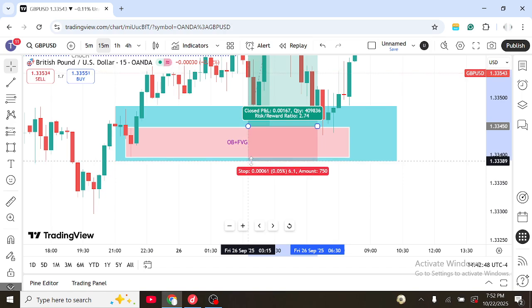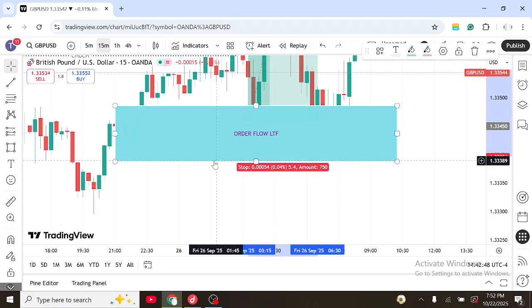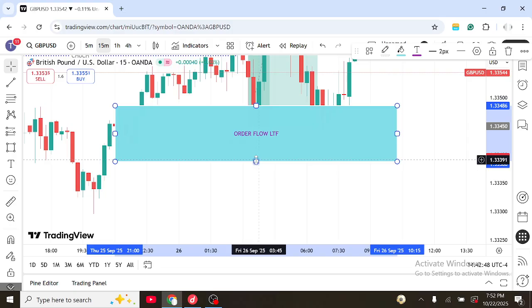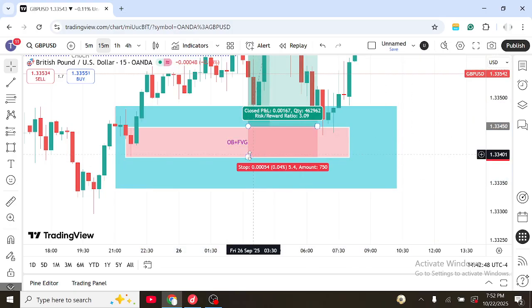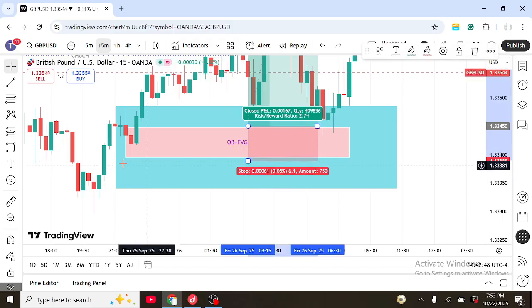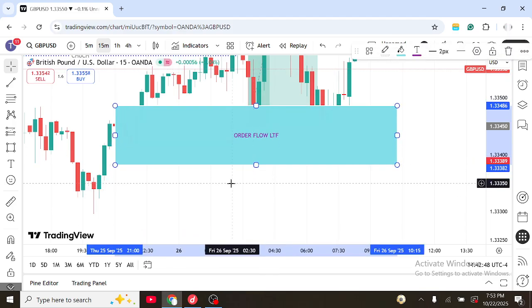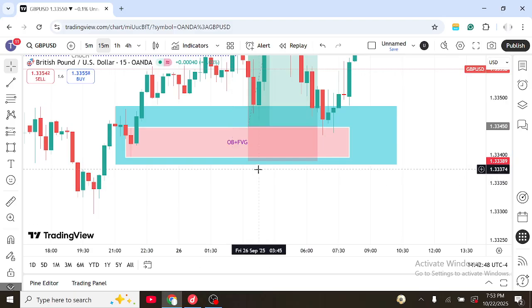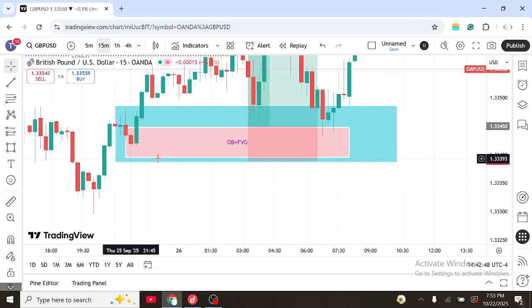But if it happens that the order flow is wide, like in this case, let's say for example the order flow starts from here, my stop loss will still be below the order block. So I just needed to explain that.